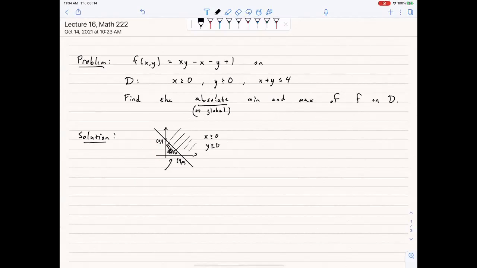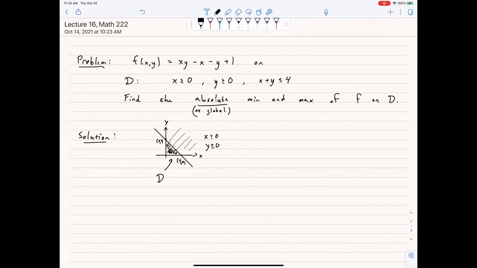That's our D. Label my axes. All right. So once we have a picture of this in front of us, I think it is helpful to see which points are where.